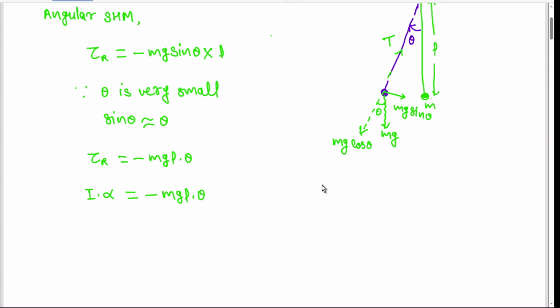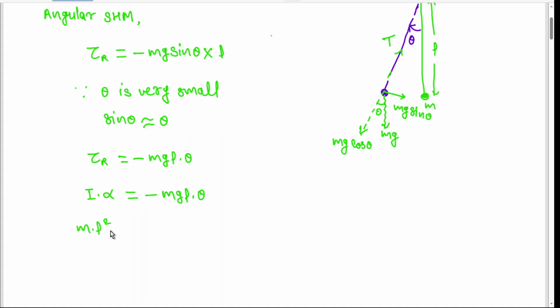Now this moment of inertia of this bob we need to write about the hinge point. Clear? So this is just a point mass, so simply we can write its moment of inertia as mr square. So the mass of the bob is taken m, and that r means the perpendicular distance from the point of rotation, that is L only.